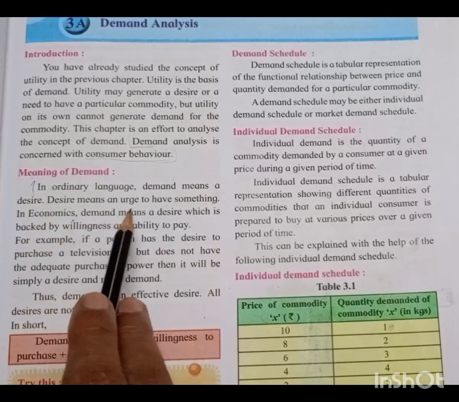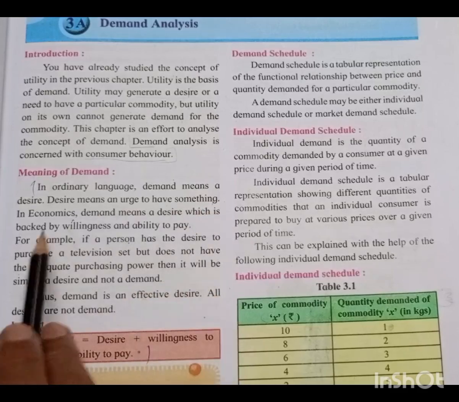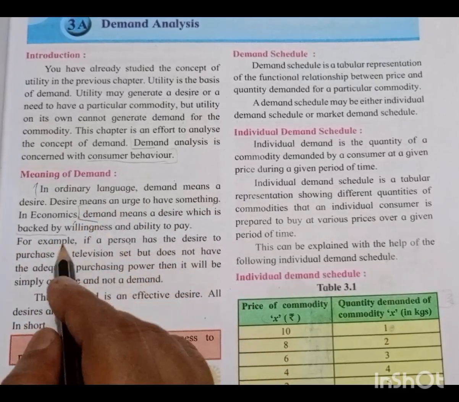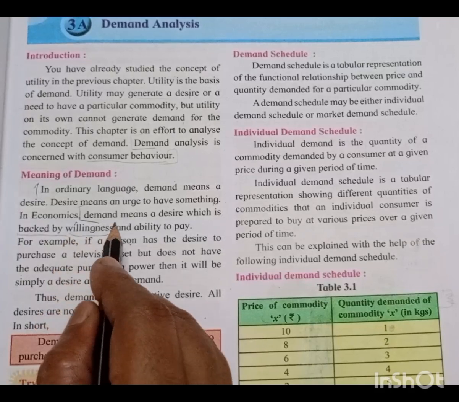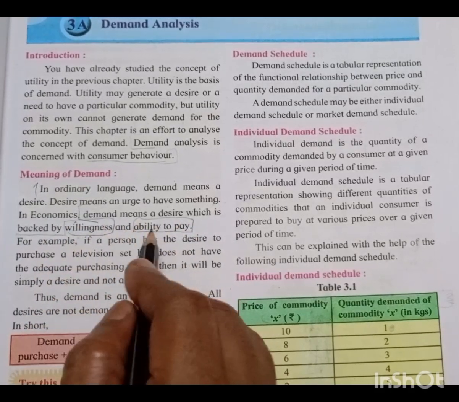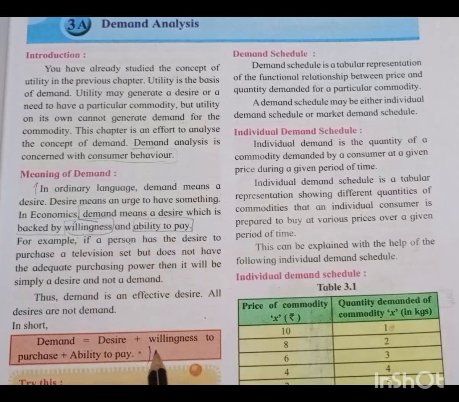In economics, demand means a desire which is backed by willingness and ability to pay. ये दोनों चीज़ें साथ में होनी चाहिए, तब जाके आपकी desire demand कहला सकती है.